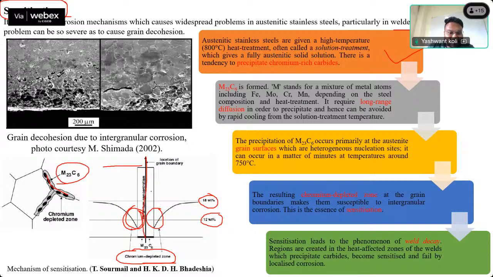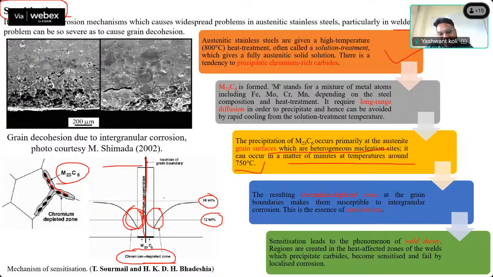Because chromium carbide formation is taking place. The precipitate of chromium carbide occurs primarily at austenitic grain surfaces, which are heterogeneous nucleation sites. It can occur in a matter of minutes at temperatures around 750 degrees Celsius.